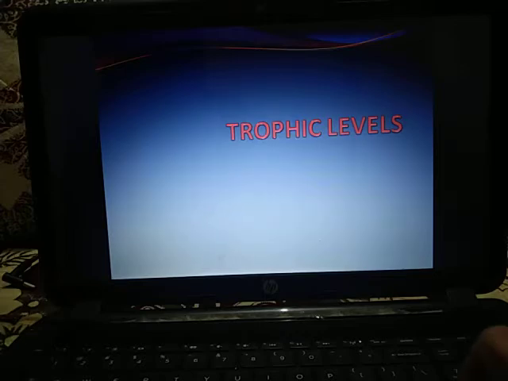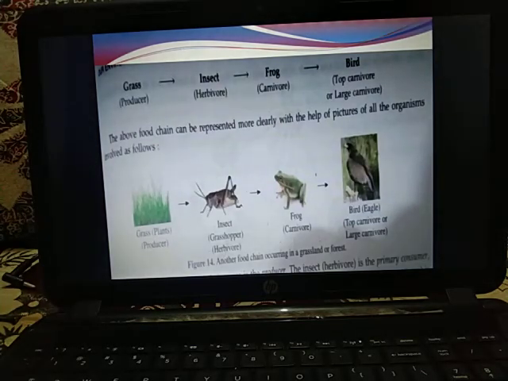So have a look. First comes the producer, that is grass. Then comes the insect, then the frog, then the bird. These organisms have a specific position in the food chain, and that particular position of an organism in a food chain is called its trophic level.